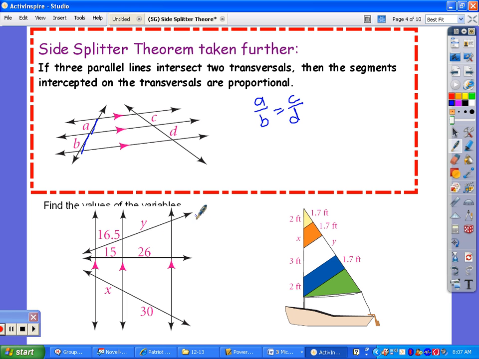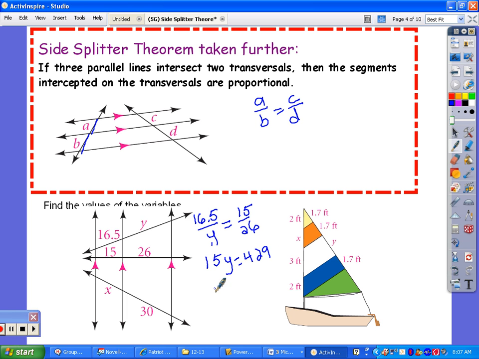So if we set that up, we're going to say 16.5 over y has to give me the same ratio as 15 over 26. And then we can cross multiply these again, so we're going to have 15 times y and then we're going to do 16.5 times 26, which is 429.